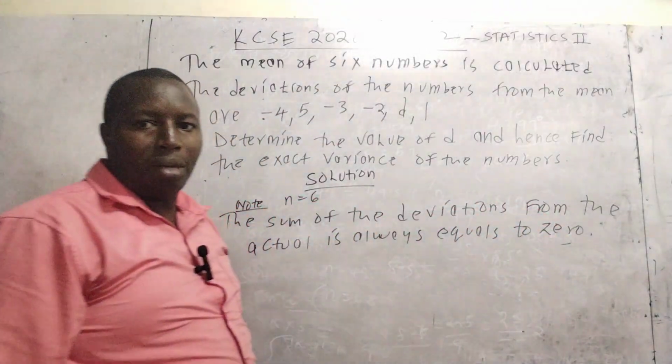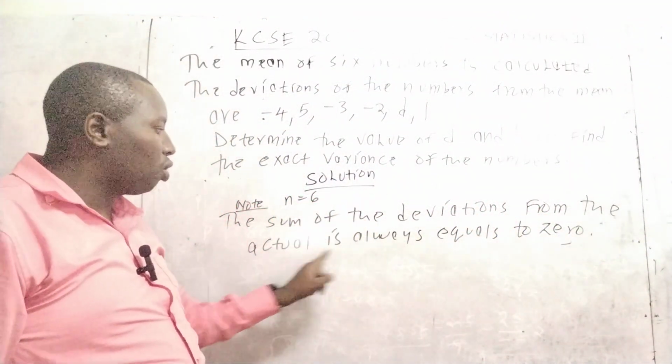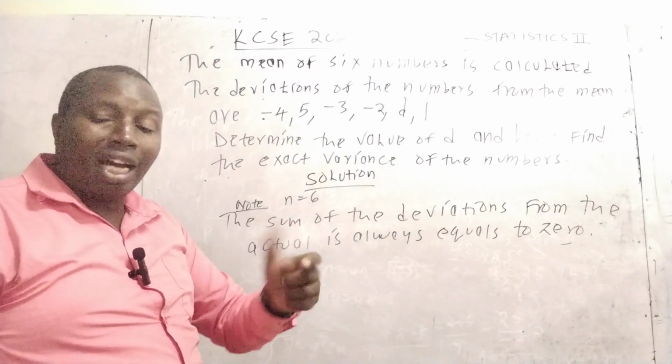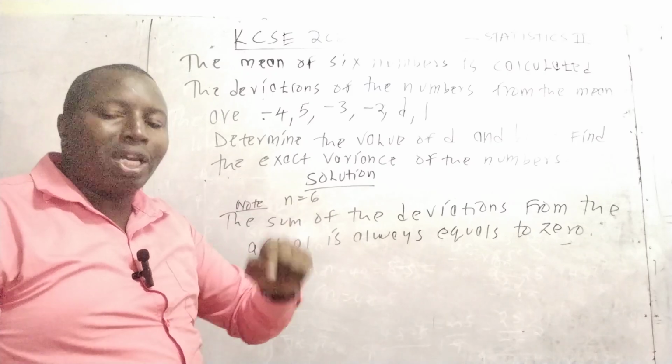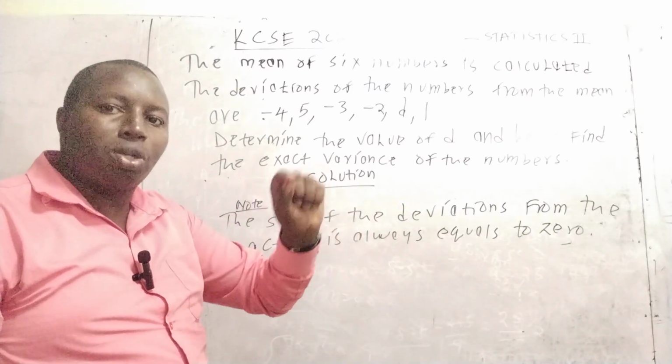That's the concept that the examiner is testing in this question. Once you get the actual mean, and you get the deviations from the actual mean, the sum of the deviations will always equal 0.